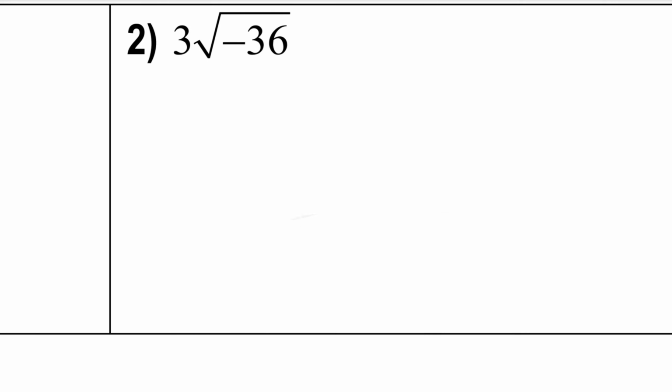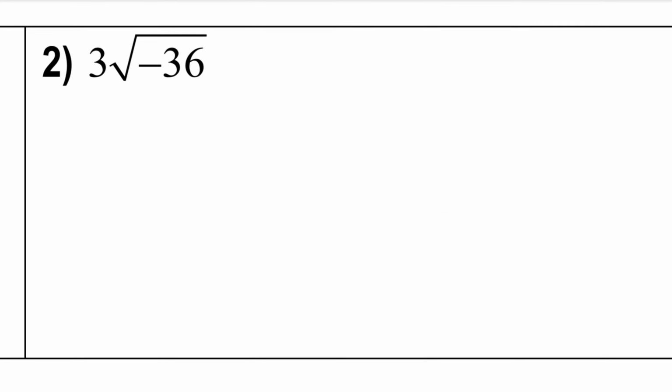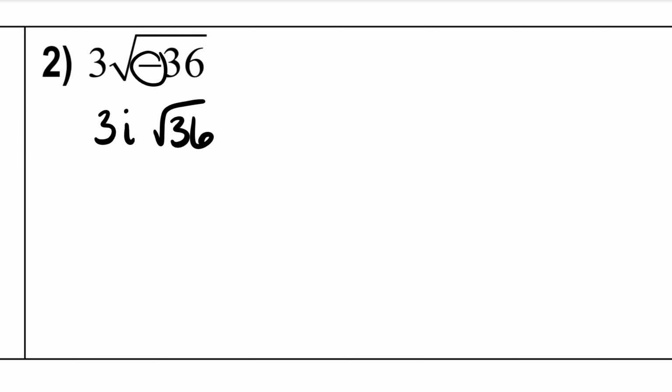Alright, number 2, a little different. Normally I can split the negative 36 into negative 1 and 36, or the shortcut, if you will. If you want to go a little faster, if you ever have a negative, it just comes out as an i. So I have 3i square root of 36.